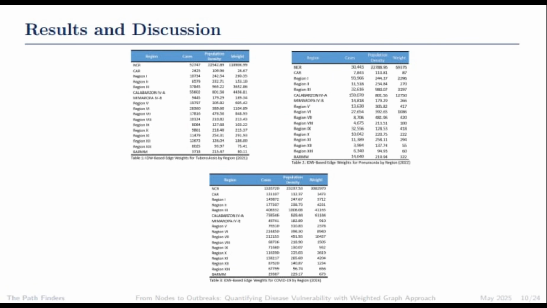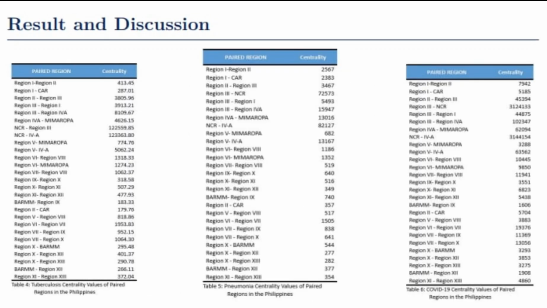Specifically, IDW weights are calculated by multiplying a region's cases by its population density and dividing by its geographical distance to another region. These weights represent the potential influence one region has on another in terms of disease transmission.